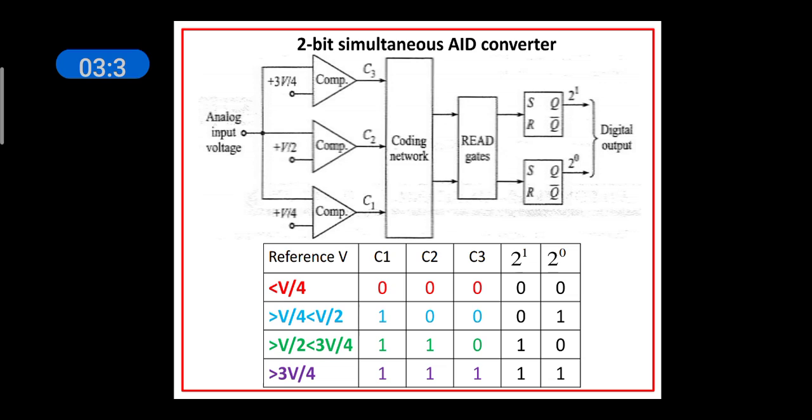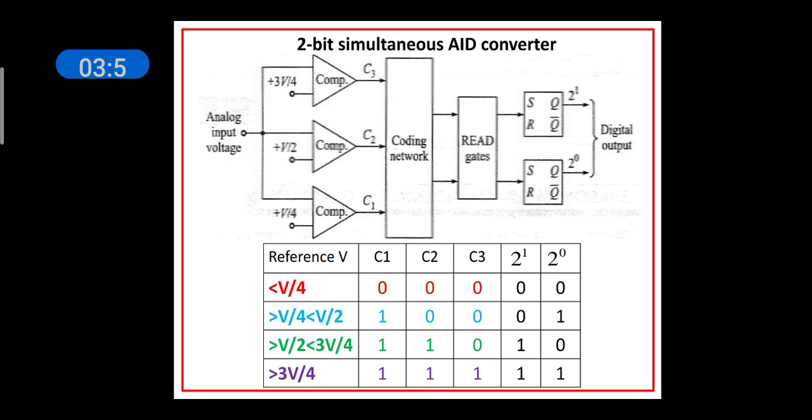Whenever the input analog voltage is greater than V by 4 but less than V by 2, the first comparator output will be 1, other two are 0. So C1 is 1, C2 and C3 are 0.